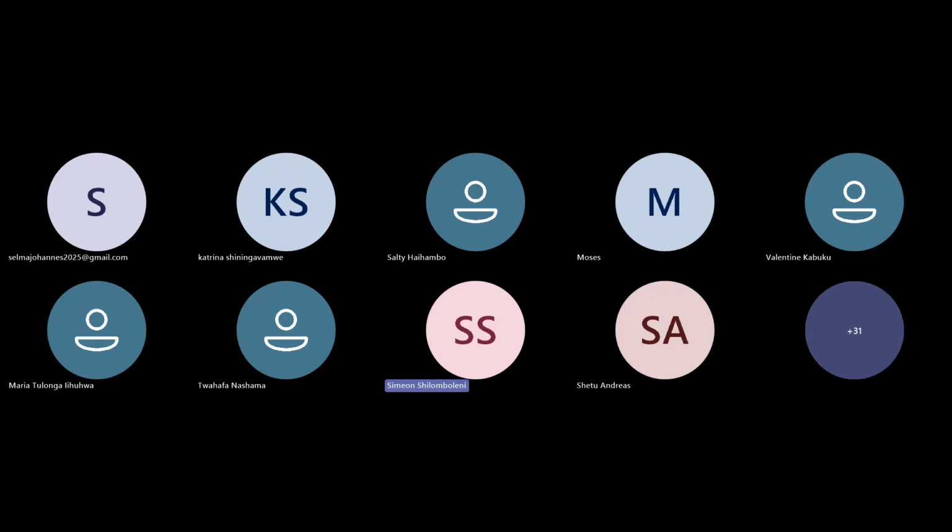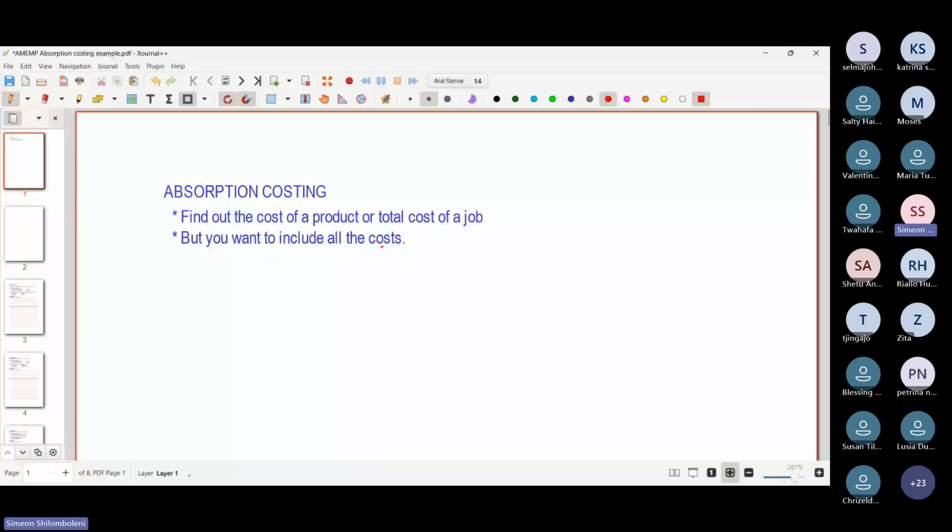About all the costs, what are we talking about when we say we need to include all the costs? We are referring to the direct cost and also the indirect cost.